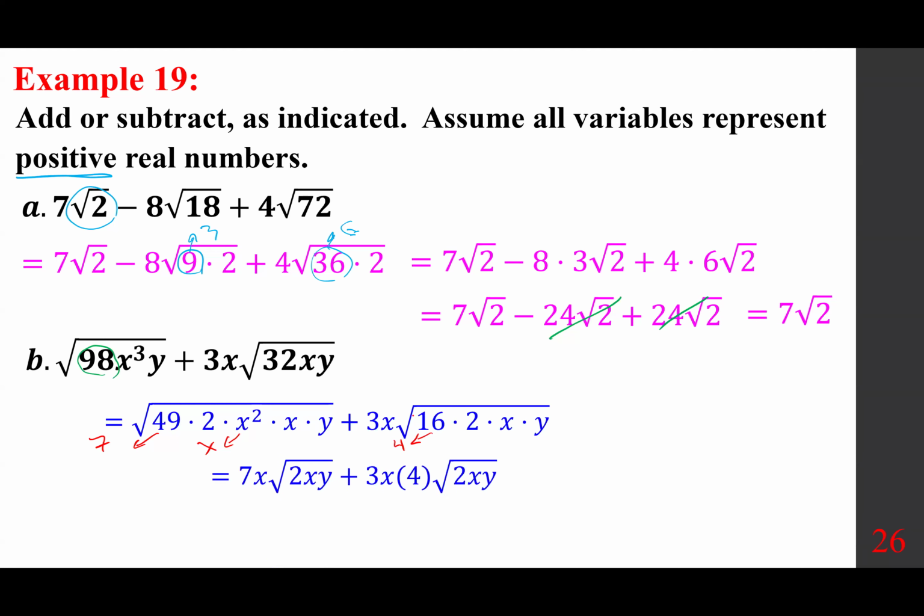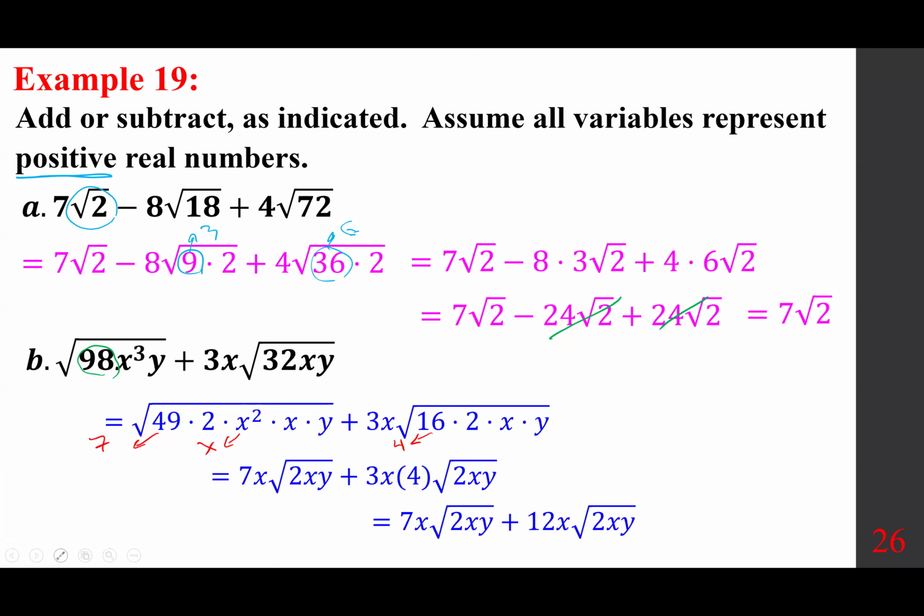So take a look. 49 becomes 7, x squared becomes x, 2xy remains. 3x is outside, 4 joins it, 2xy remains. And so this is 7x square root of 2xy. This is 12x square root of 2xy.